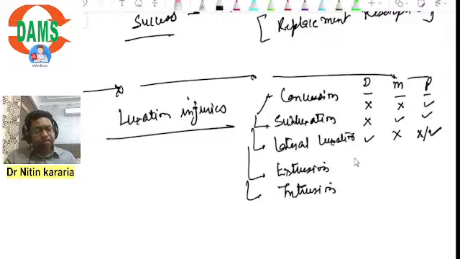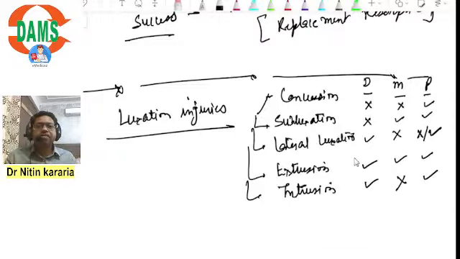Extrusion: there is displacement of the tooth in a coronal direction, there is mobility of the tooth, and there is usually pain on percussion. Intrusion: there is displacement in the apical direction, there is no mobility because the tooth becomes lodged in the bone, and there is pain on percussion.